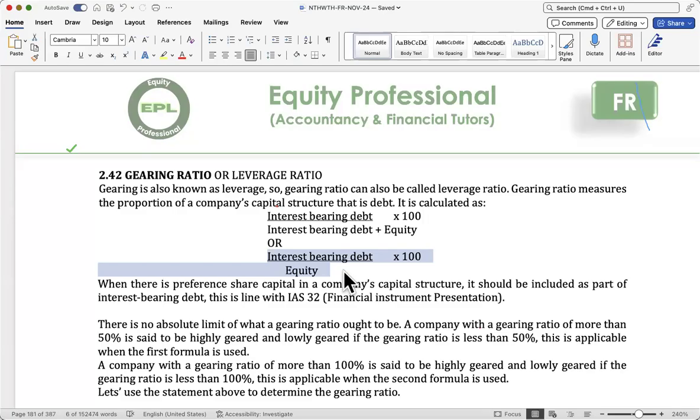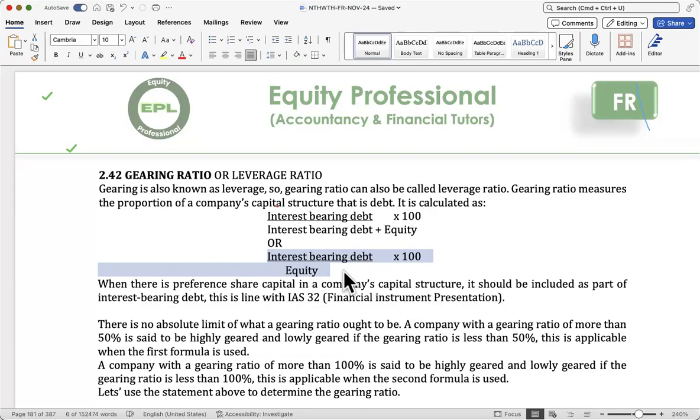For the ones that are not, if shareholders don't get dividend, they will sell your shares and go and buy shares in another company. By the time selling becomes excessive, the share price of the company will dip. It will fall. So financial risk, those are the issues with gearing ratio or leverage ratio.